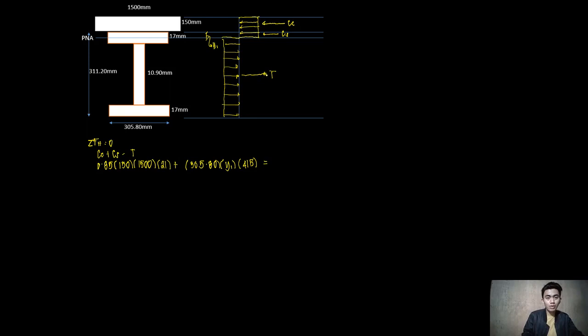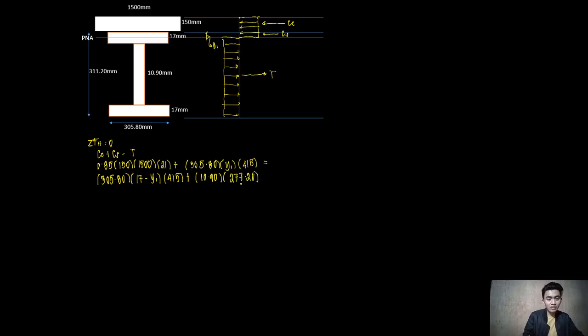Now, we already know our value for C sub C plus C sub S. Equate this to our tensile force. For our tensile force, let us start with the top: 305.80 multiplied by the remaining distance, which is 17 minus y sub 1, times Fy, which is 415. What else? I will have 10.90 multiplied by 277.20.